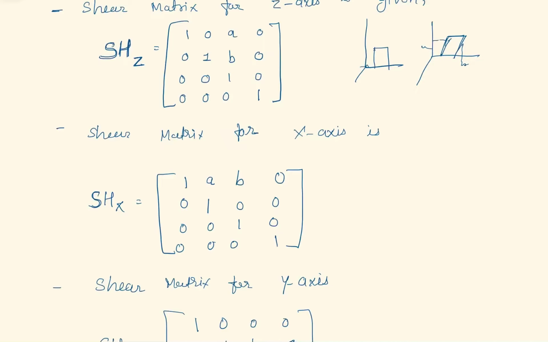So whenever we have to do projection, we can use shear transformation. I hope you are clear with reflection and shear. This way we can solve examples of shear and reflection transformation. I hope these matrices will be useful in solving examples.